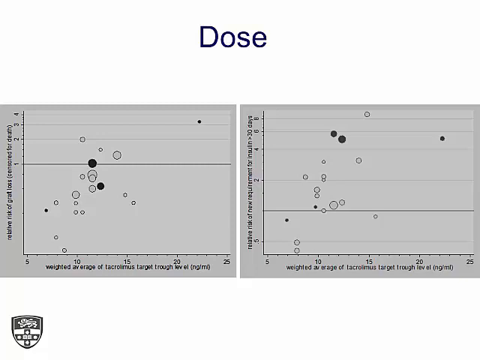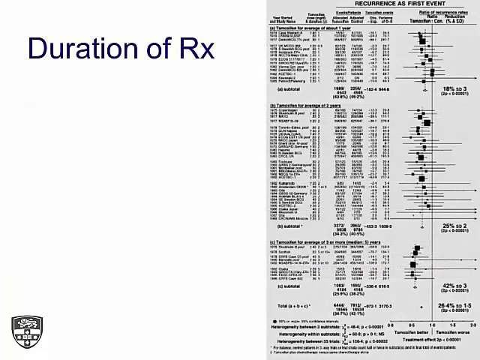Other examples are tamoxifen for early breast cancer. This is a summary of all of the trials looking at the effect of tamoxifen over and above other interventions for early breast cancer. There are 3 groups of trials based on how long tamoxifen is given.